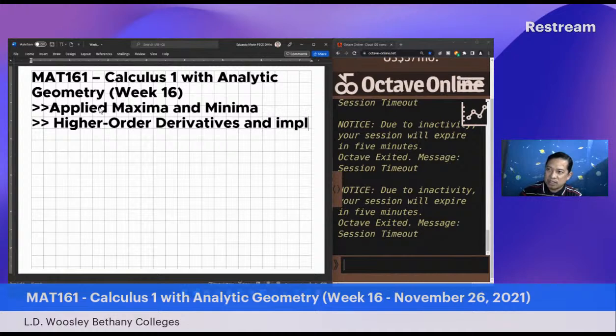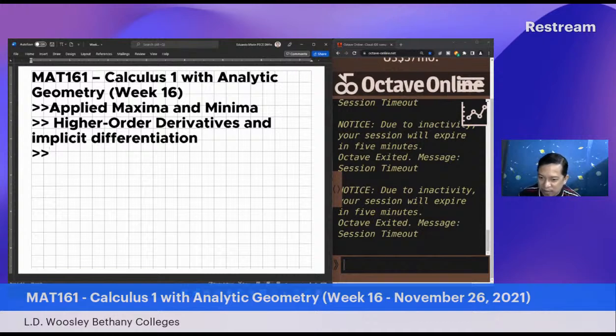So there are cases that we need to use some implicit differentiation. And then, of course, another topic. What other topics can we cover for 1.5 hours? I will discuss this.